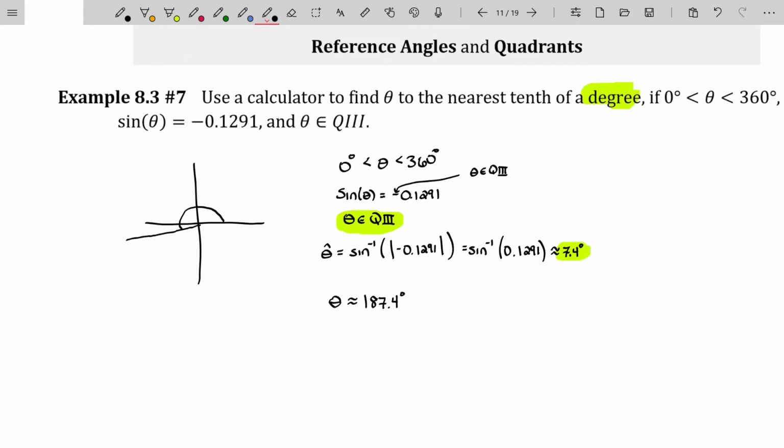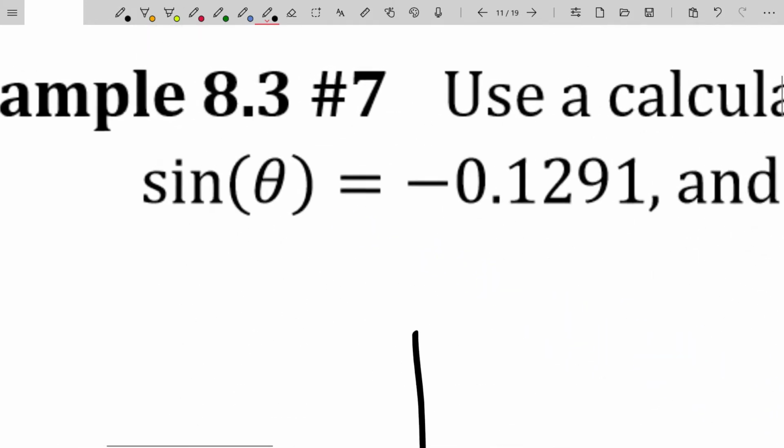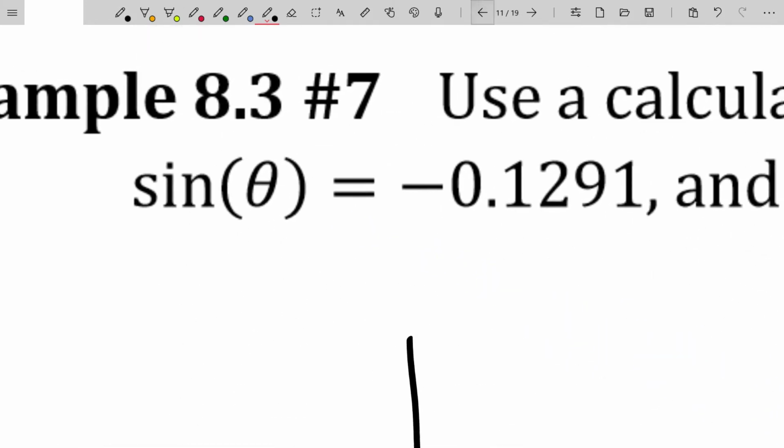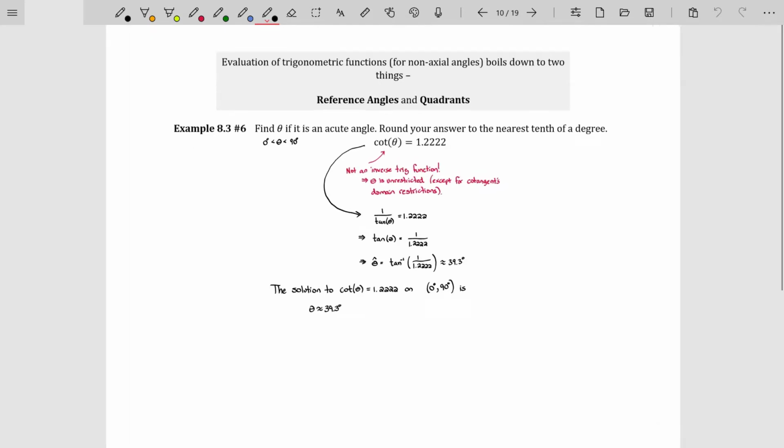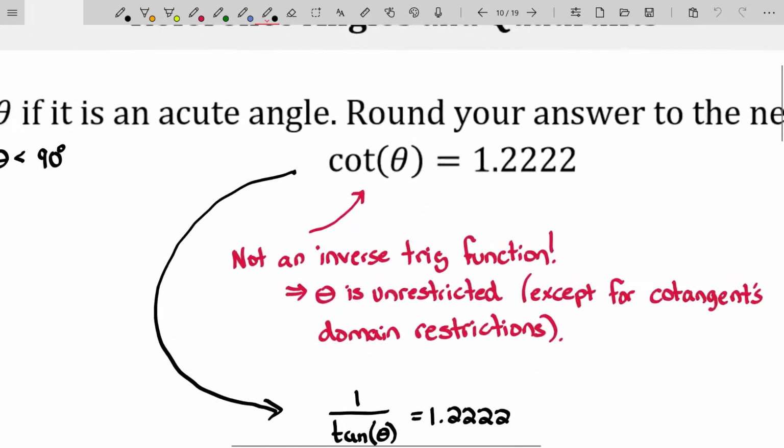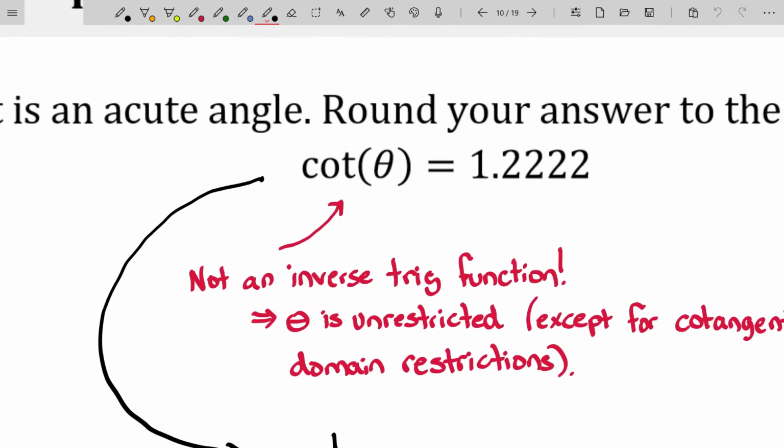Now again, I just want to reiterate, we started this problem not with an inverse trig function. So this goes back to what I said a page ago, that what we started with was not an inverse trig function, so theta was unrestricted. There was no restriction that it has to be between negative pi over 2 and positive pi over 2, because we weren't starting the problem with an inverse trig function.